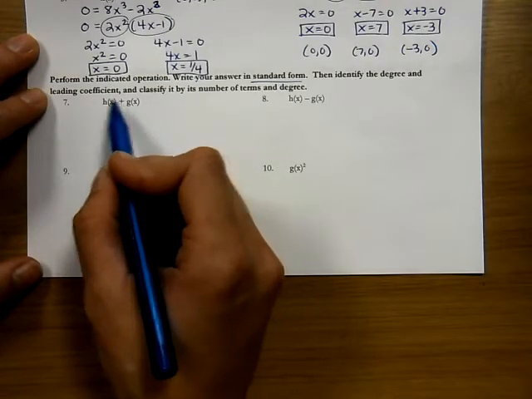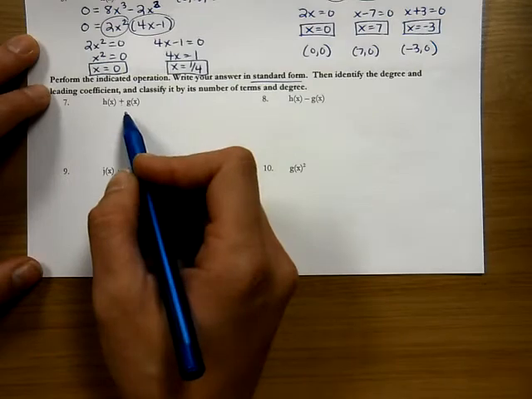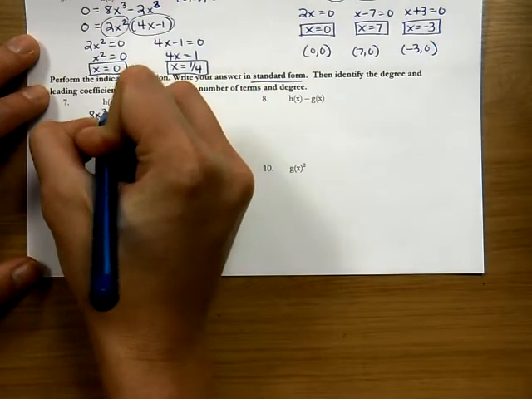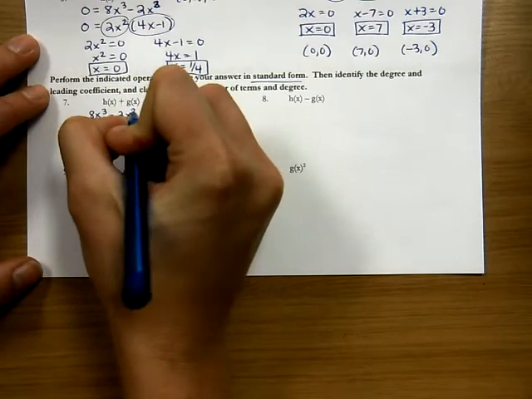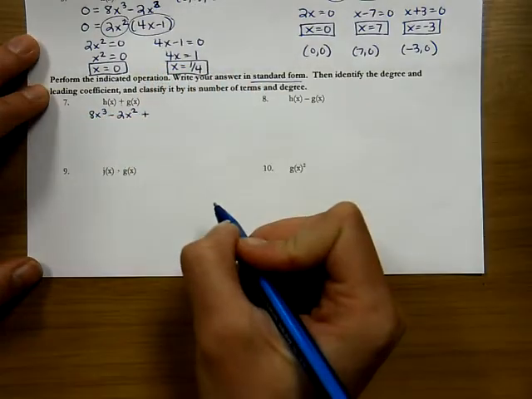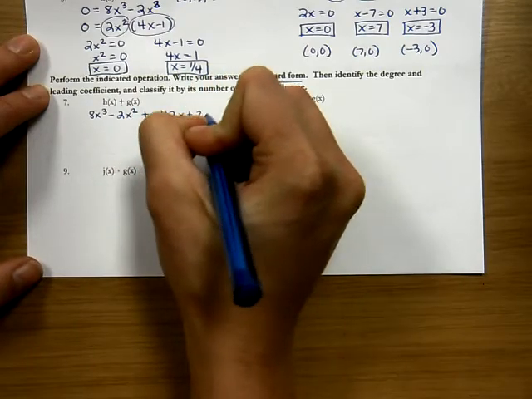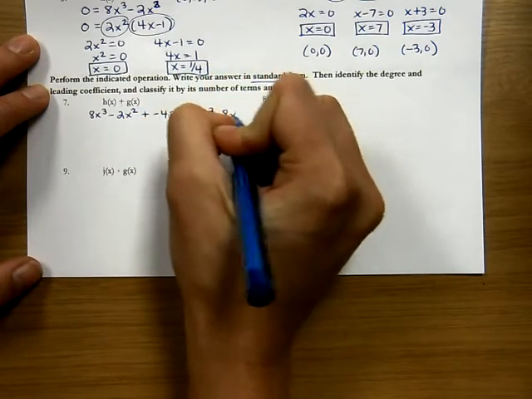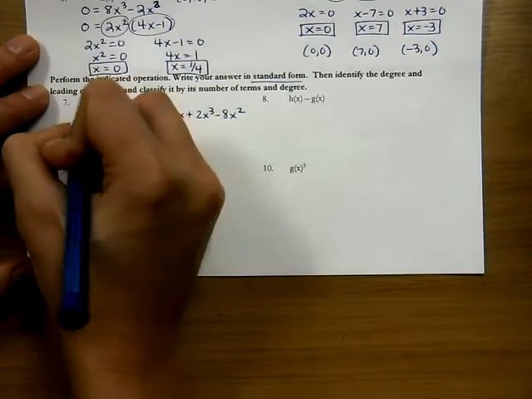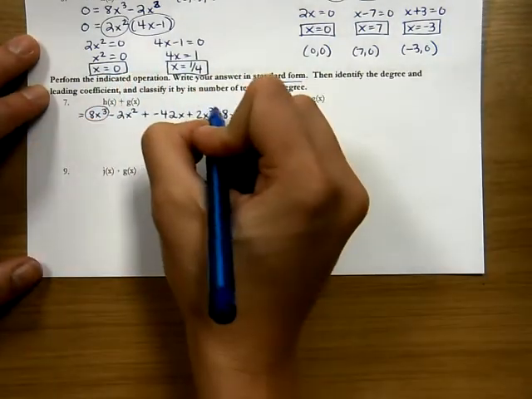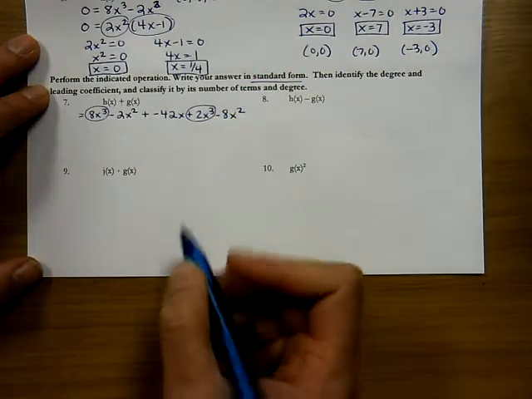Number 7, we are adding h of x and g of x. Well, h of x was 8x to the third minus 2x squared. G of x was negative 42x plus 2x to the third minus 8x squared. We just need to combine like terms when we add. So I have 8x to the third and a positive 2x to the third.